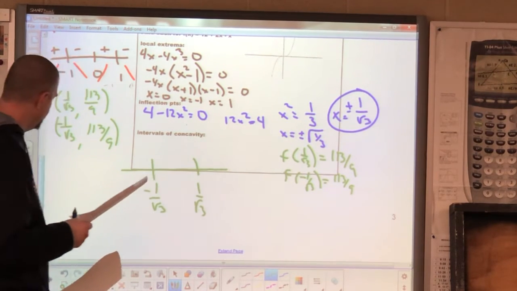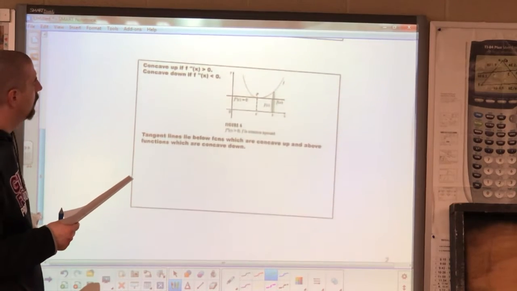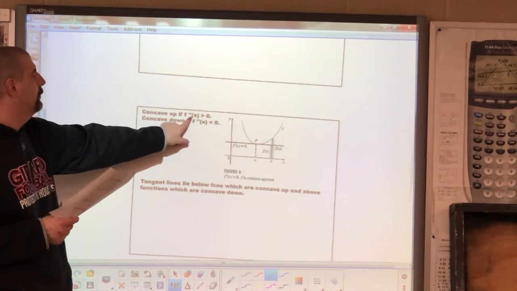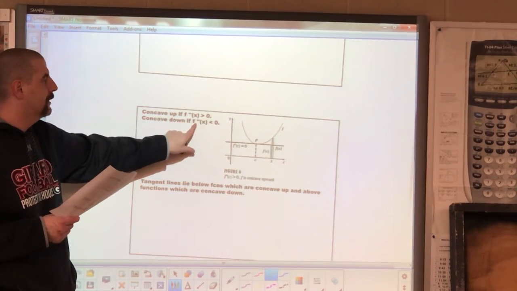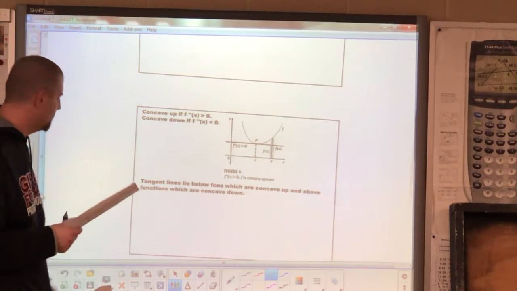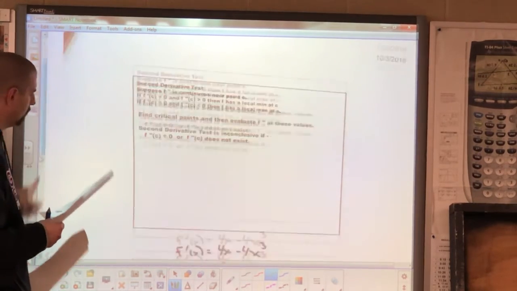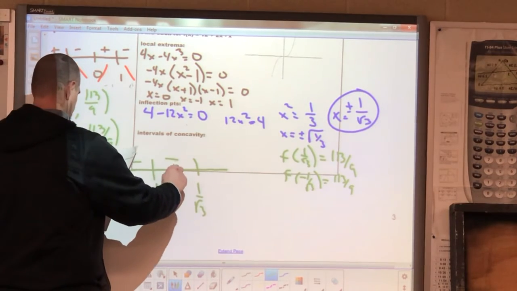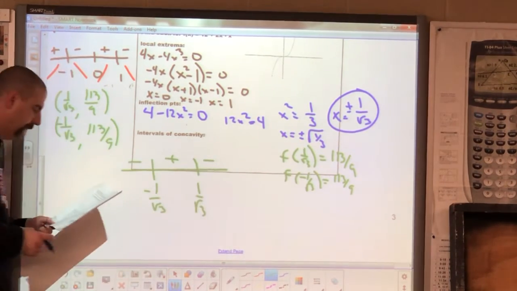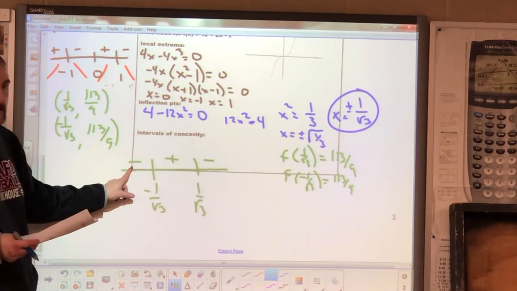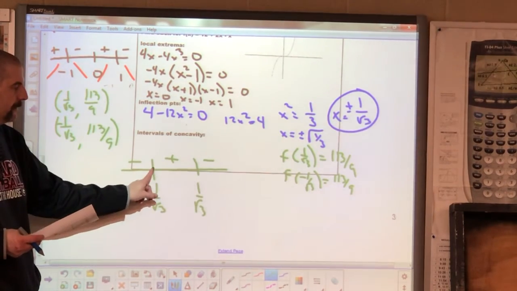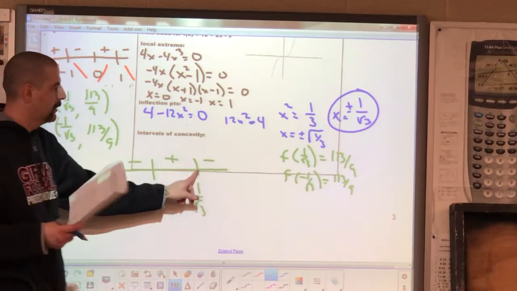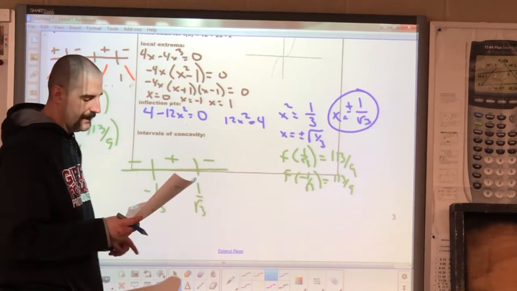All right, again, going back here, it's concave up if the double prime is greater than 0, concave down if it's less than 0. So, going back to our sign analysis here, you should have got negative, positive, negative. Okay, so that's going to tell me concave down in this interval, concave up in this interval, concave down in that interval.